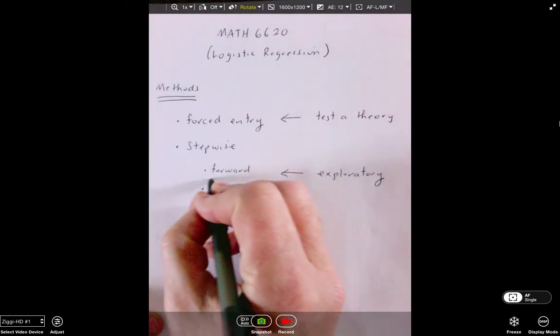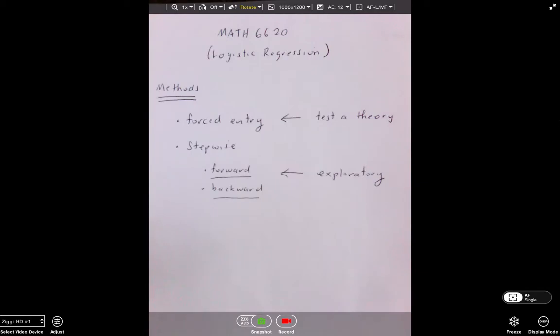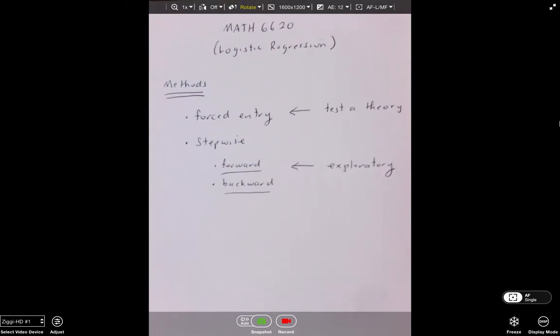Forward elimination, on the other hand, starts out, and I forget, these work differently, but I'm pretty sure it calculates the p-values for all the coefficients, picks the variable that would have the lowest p-value, and then adds variables from there on out, to see when we finally add a variable that doesn't create a statistically significant difference. By the end of this video and the next one, you're going to be pretty good at creating dialogue about what all that means.